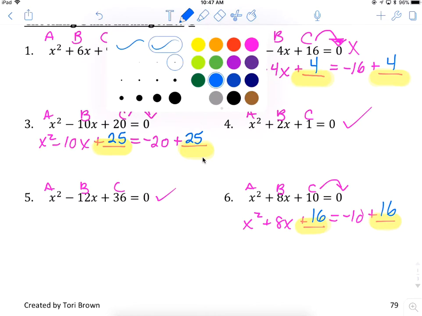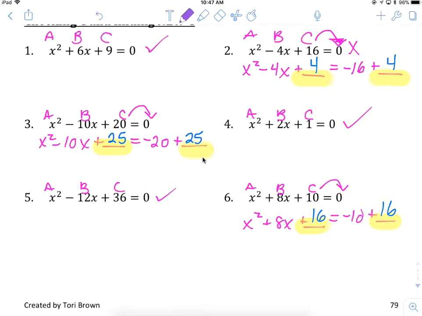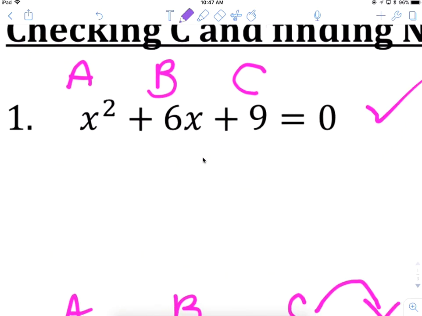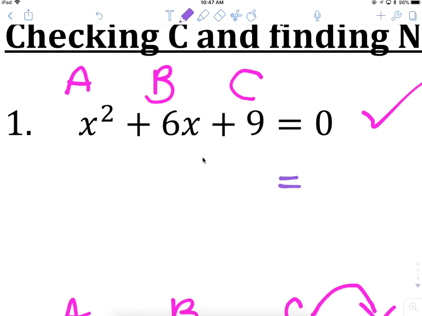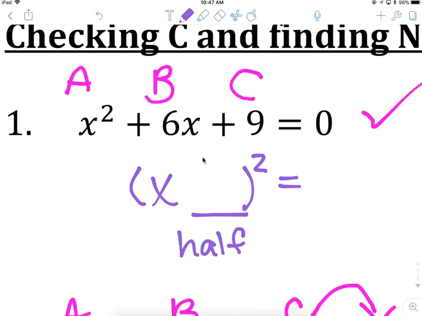Let's go with purple. So on problem 1, now that we have this, we are going to be setting it up as a perfect square. We're always going to keep our x, and this piece right here is going to be my half. So remember how we were saying, what is half of b?